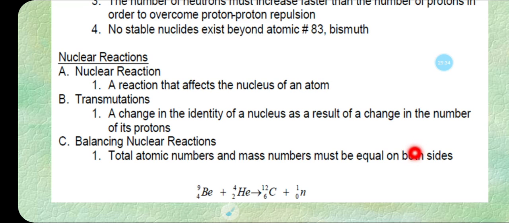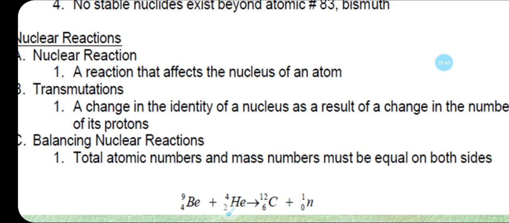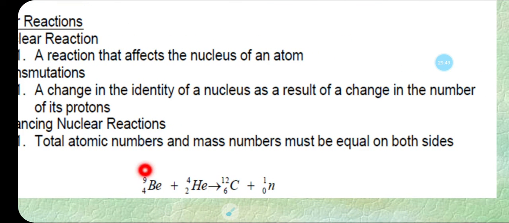Balancing the nuclear reaction: the total atomic number and mass number must be equal on both sides of the reaction. For example, beryllium with atomic number 4 and mass number 9 is fused with an alpha particle or helium nucleus, helium 2, in a fusion reaction.